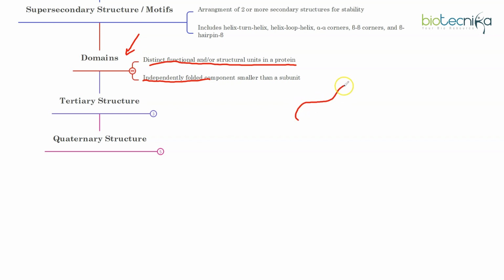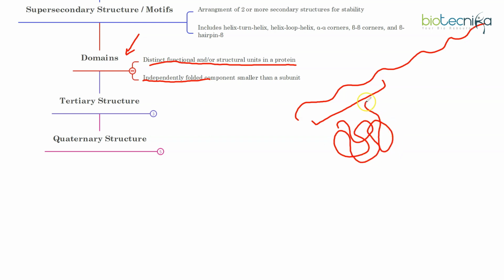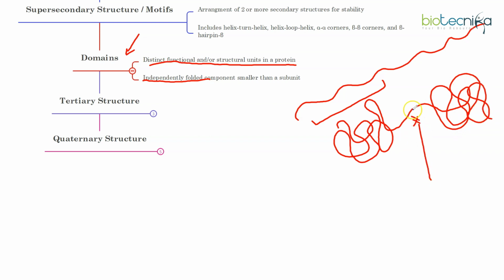For example, if you have a stretch of polypeptide chain, maybe this part folds independently into some kind of domain. Then the rest of the polypeptide chain folds independently. If you cut off this part, then this part won't be affected. It will still retain its 3D folding, and this one will also retain its 3D folding. So this folding doesn't depend on that folding.